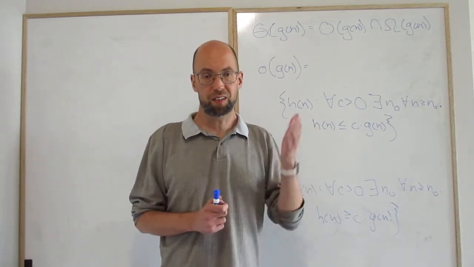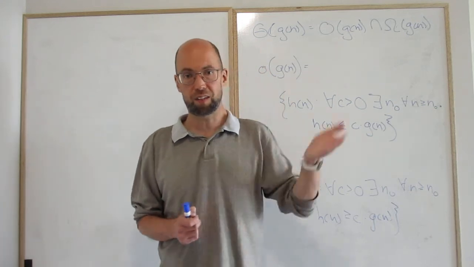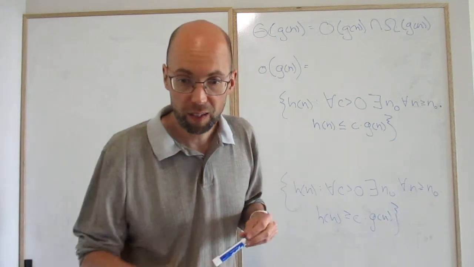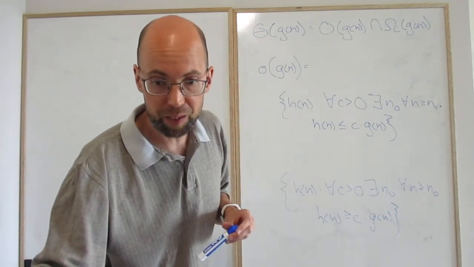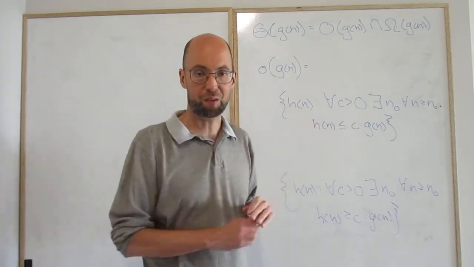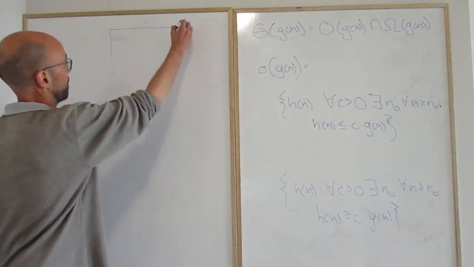f of n is in little o of g of n if the limit as n goes to infinity of f of n over g of n is 0. Limit, or check the book. So the Venn diagram. All of this is in the lecture notes.